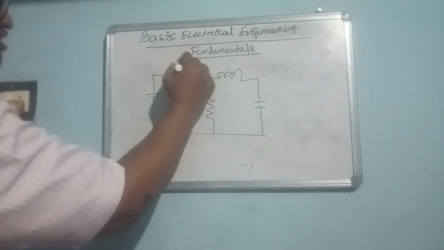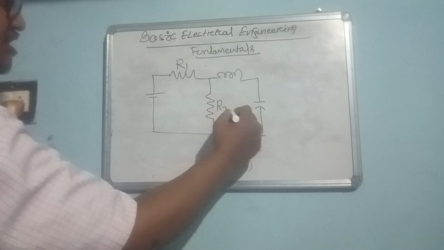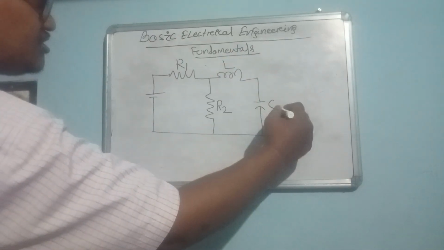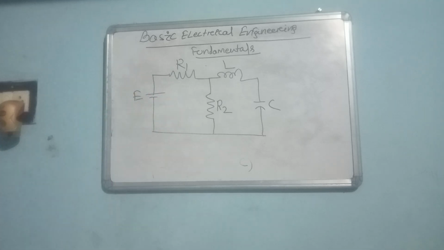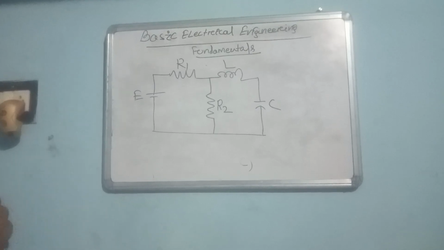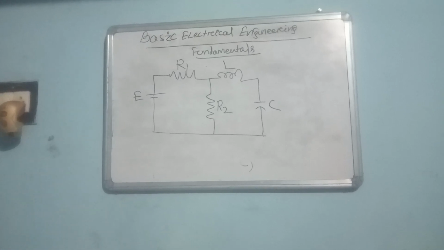This is your resistance 1, resistance 2, this is your inductance, this is your capacitance, and suppose this is EMF E. We have to see here how many nodes, branches, loops and meshes there are.